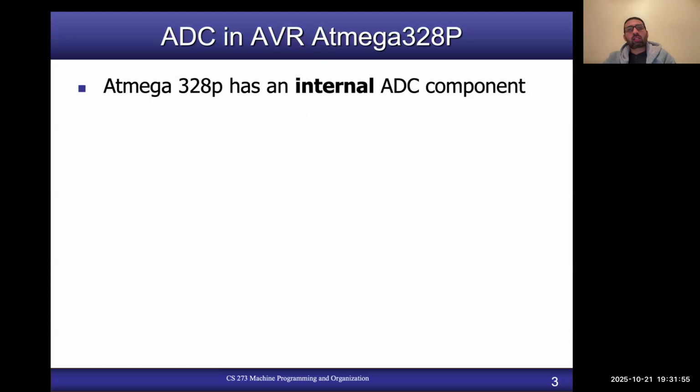So this slide is basically same which we have covered in the last lecture. As we have seen, the ATmega328P microcontroller, which is the microcontroller used in the Uno R3 board, has an internal ADC component, which means you don't need to interface any external chip to do the analog to digital conversion.